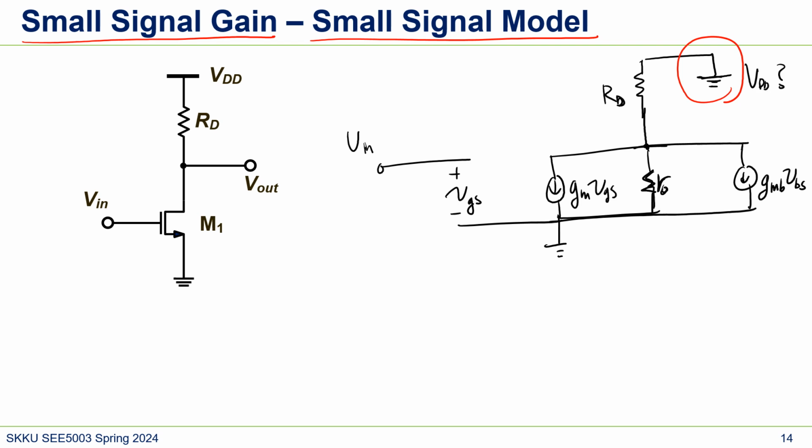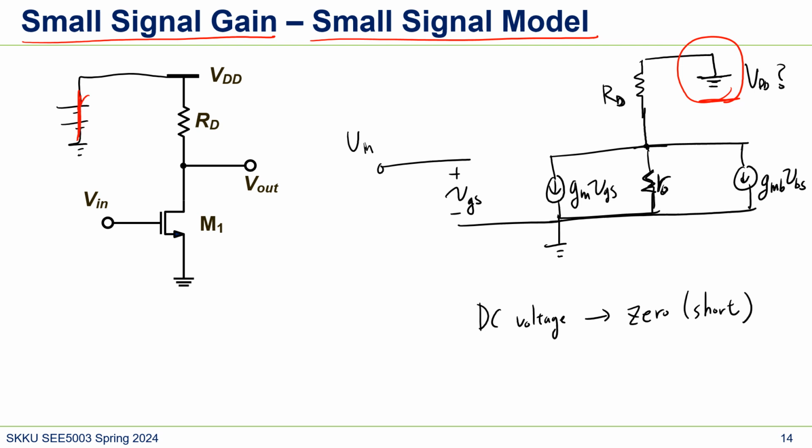But why suddenly does it become ground? Do you remember when we do small signal model, DC voltage goes to 0, right? I mean short. So basically what it looks like here is like this. This is VDD, but we just want to make it short. So now it becomes ground, okay?